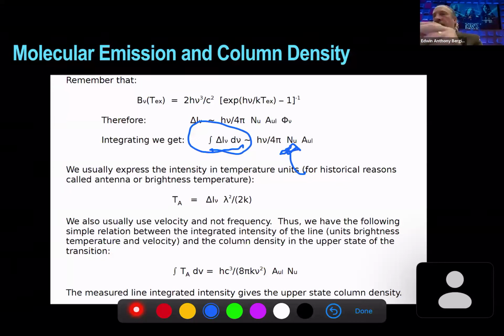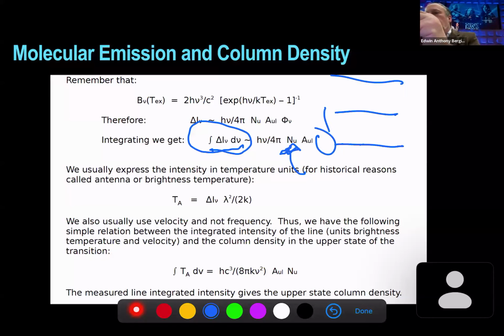Now let's think about that. I have CO, here we go, the 0, 1, and 2. And these are my different rotational states. Let's suppose I'm observing this one right here. What this is telling me is when I observe this photon, that photons that are coming to my telescope, I can determine the column density in this case of molecules that are in that upper state.